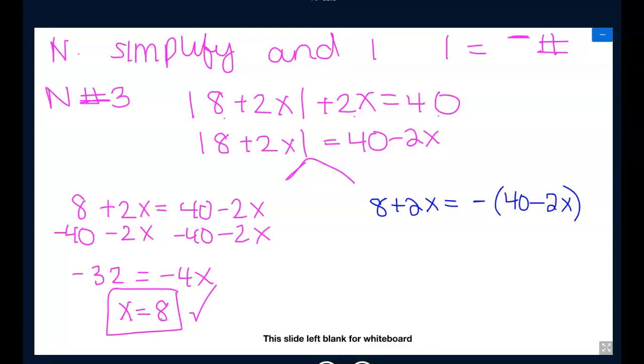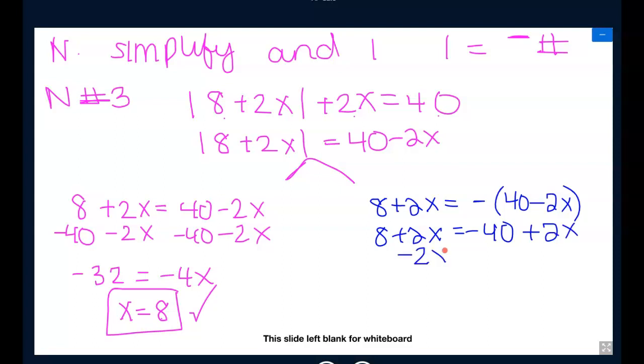Once my algebra is done, I don't need to know if the actual 8 plugged in works. I just need to make sure the signs work. Over here on this side, you get 8 plus 2x equals negative 40 plus 2x, because that negative distributes to both.